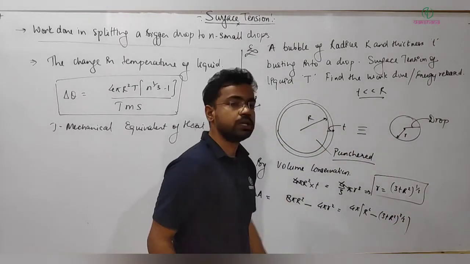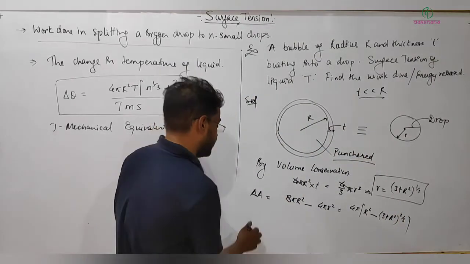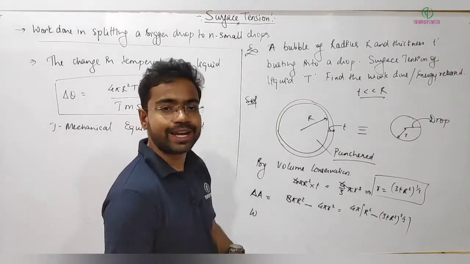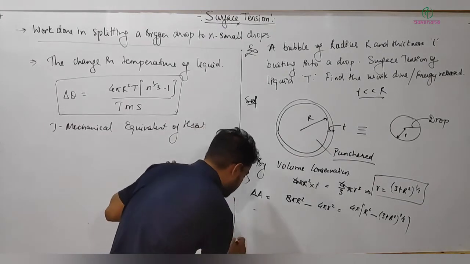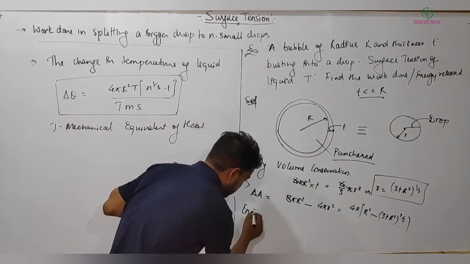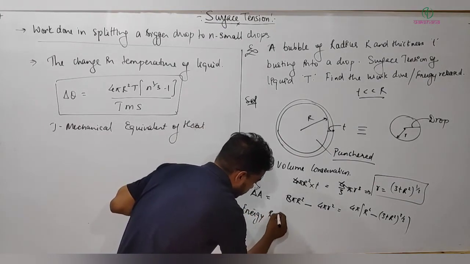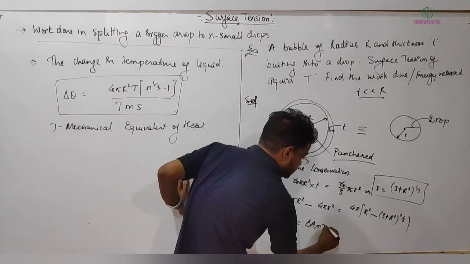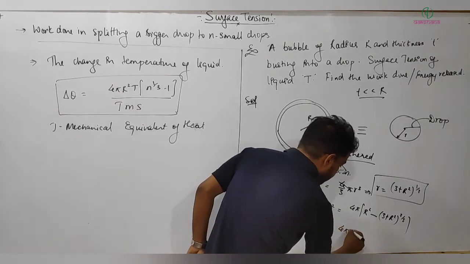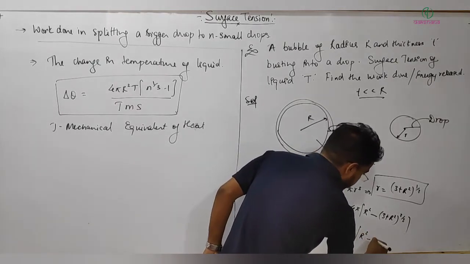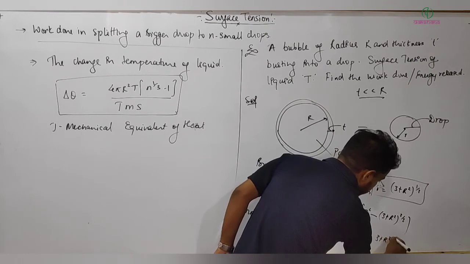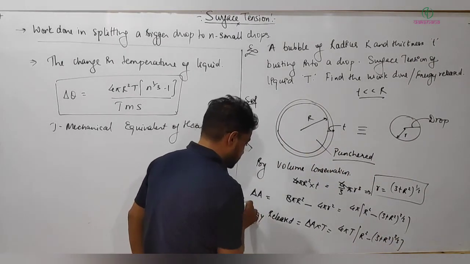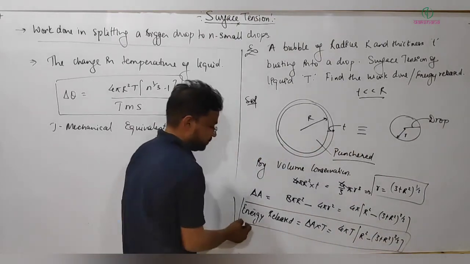So this will be your net change in surface area. Then work done, or basically here surface area is decreasing, so energy will be released. So you can write energy released will be equal to delta A multiplied by T, that is 4 pi T times [2 r square minus (3 T r square) whole power 2 by 3]. This will be the result to the problem.